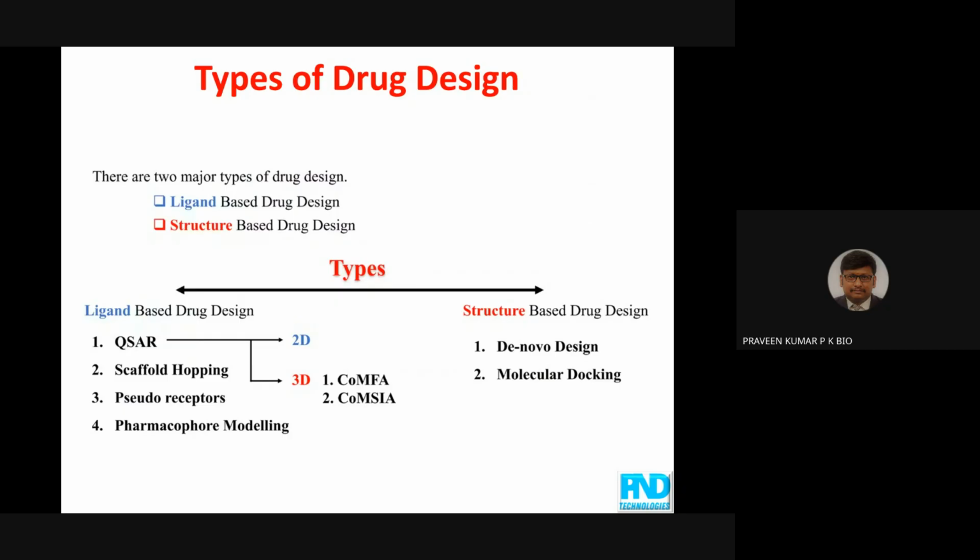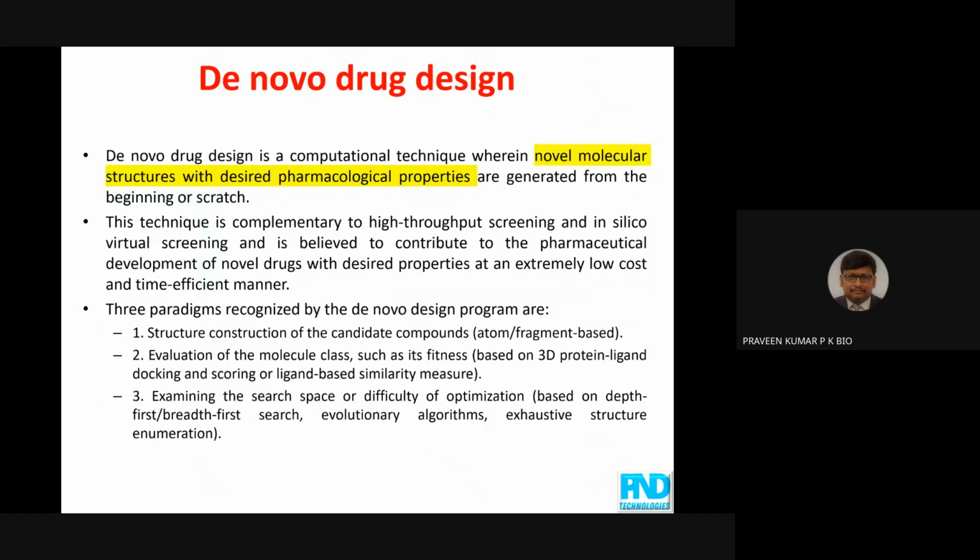Whatever we discuss as ligand-based, like QSAR, scaffold hopping, pseudoreceptors, pharmacophore modeling, and even structure-based, you can find in de novo drug design. Whatever we are discussing as de novo drug design comes under structure-based by default, and molecular docking also comes under that.